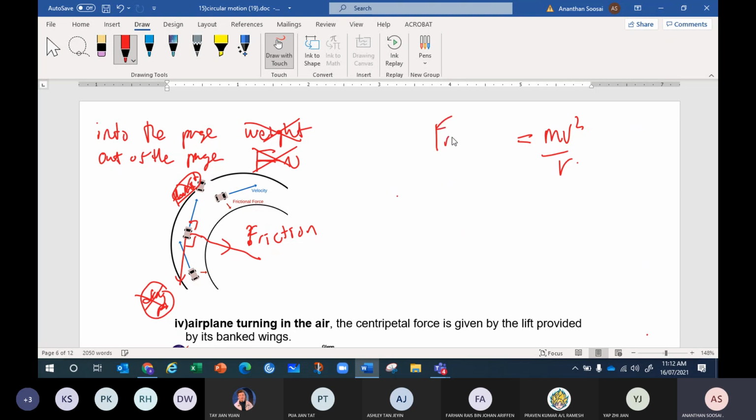So friction is the centripetal force of the system. Okay, a car moving on a curvature, the friction between the tire and the road contributes to the centripetal force. Let's investigate further.